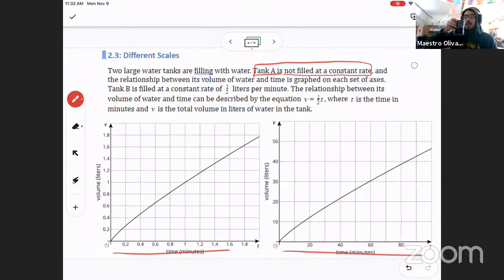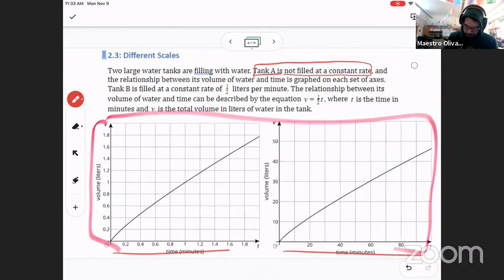So imagine if I were to drink the same amount of water every minute, this tank is like little water, little water, a lot of water. It's not being filled at the same rate. You're filling it at different speeds. And the graph of the red tank, it's these two. That's the red tank.